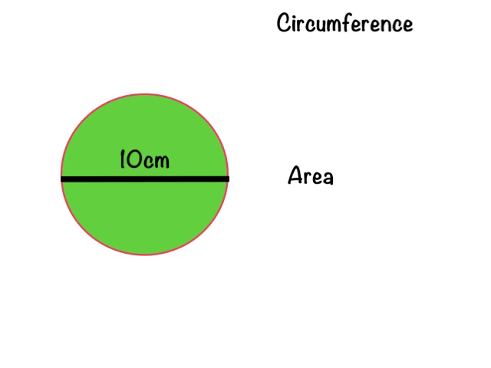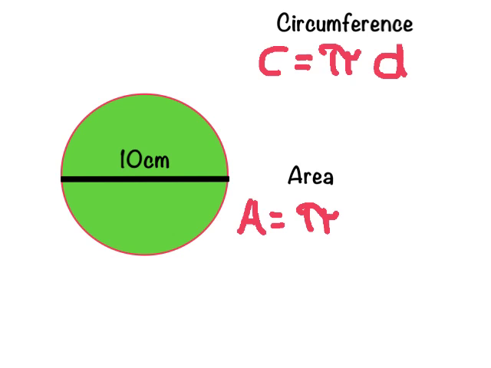Remember, circumference is equal to pi times the diameter, and that number for pi is 3.14. And to find the area of a circle, you need to remember that area is equal to, once again, pi times the radius, but remember, you have to square the radius. Okay, good luck, and I'll check back with you in just a few moments.